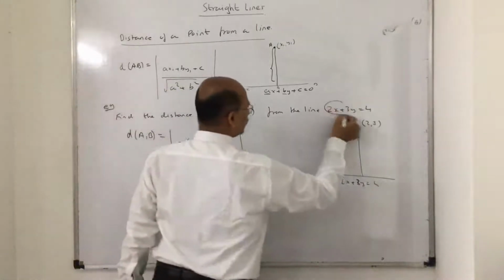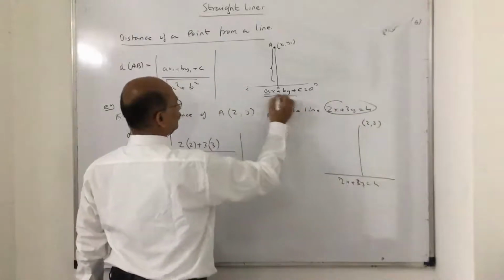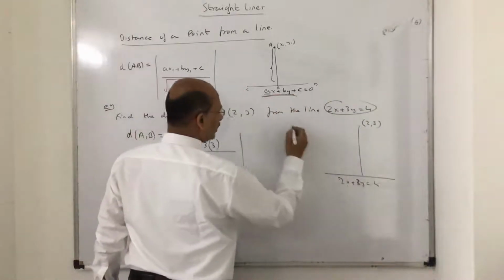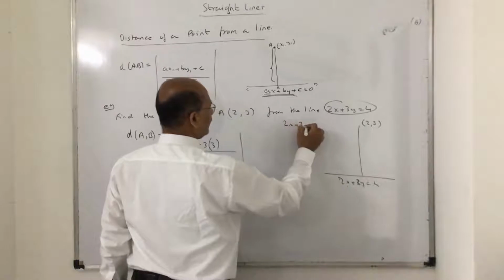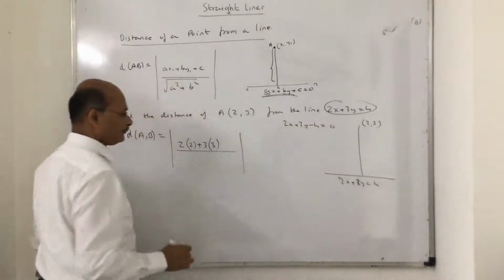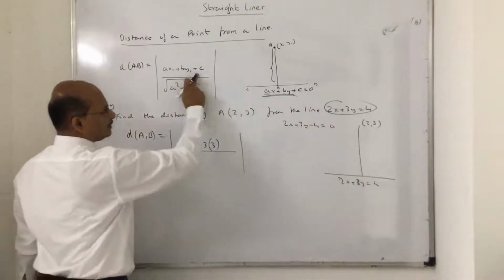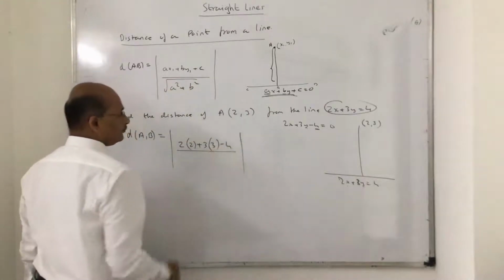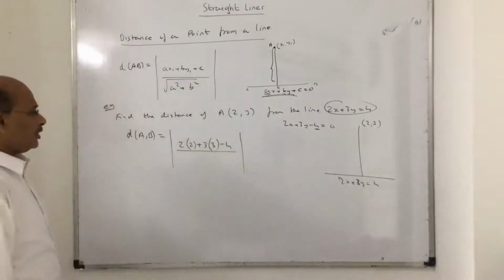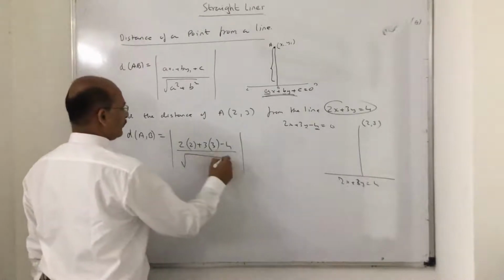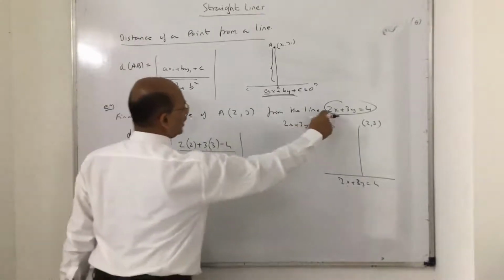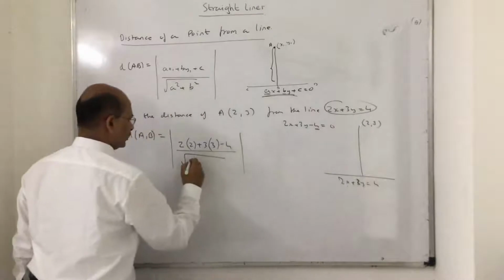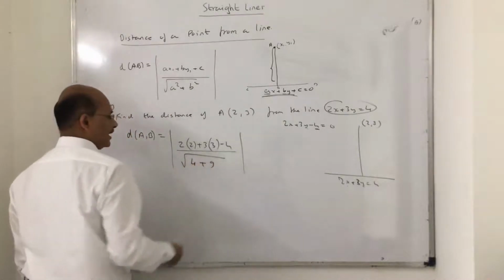Now, before we proceed, always remember this is of this form, so it has to be 2x plus 3y minus 4 equal to 0. Now plus c. What is my c value? It is minus 4. I hope you got this point clear. Now it is square root of a square plus b square, that is 2 square, 4, plus 9.